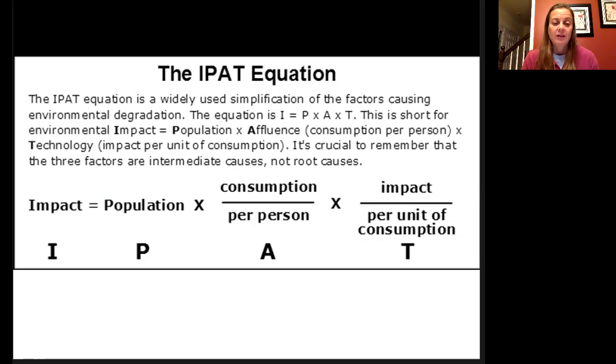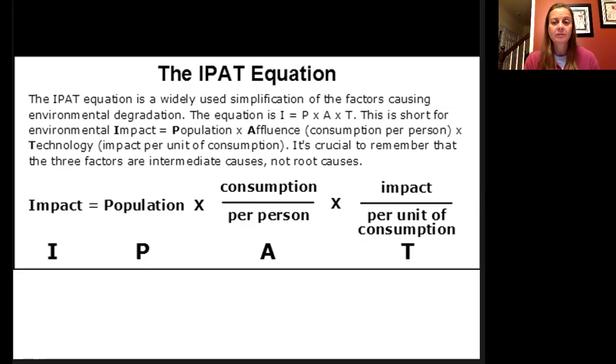That would be population times affluence times technology. As we have more technology, each individual unit of technology tends to have a larger impact on the environment. The more affluent a country is, the more consumption there is.